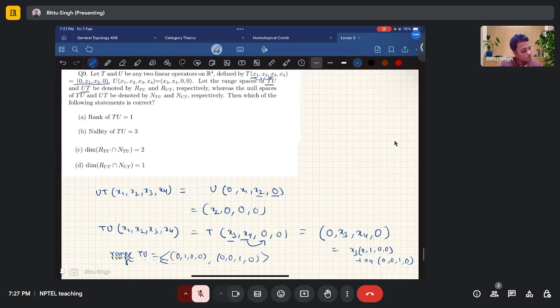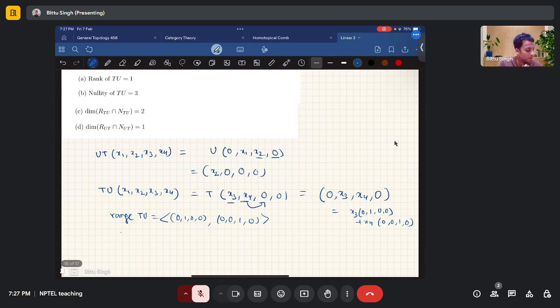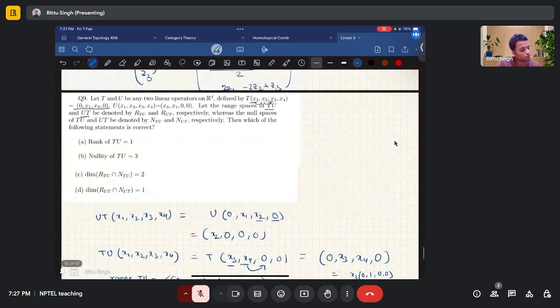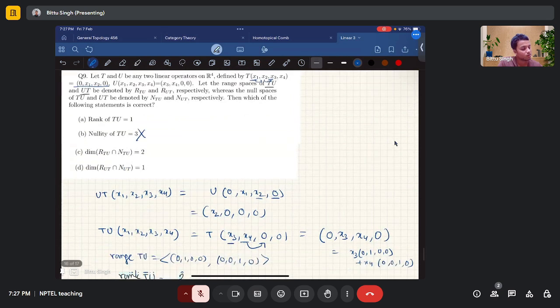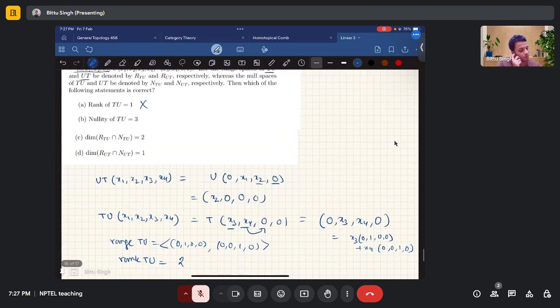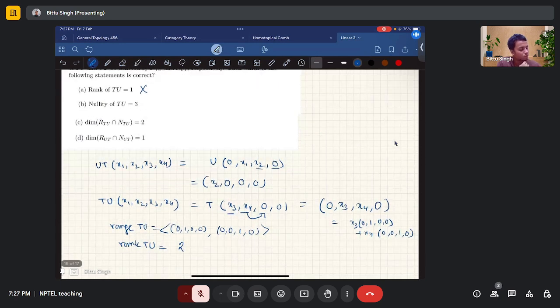This is TU. Therefore, there are only two basis elements in the range space which generate it. So dimension must be 2. So rank of TU should be 2. So this is false.